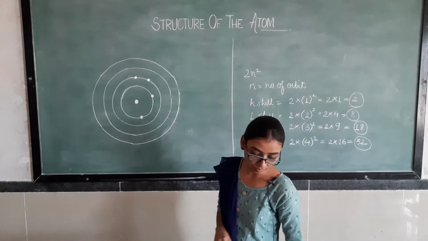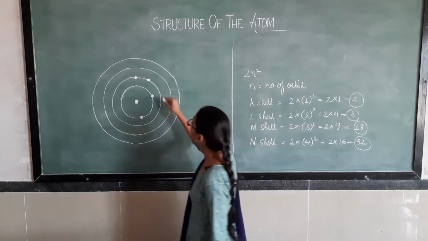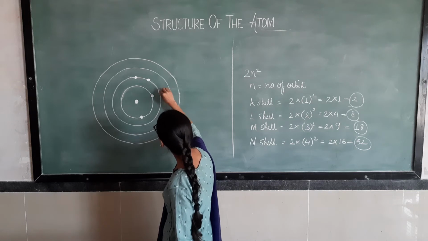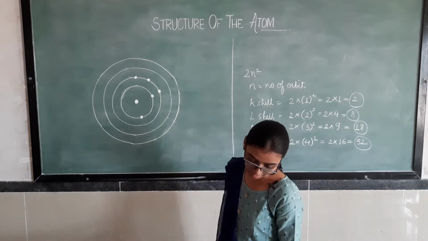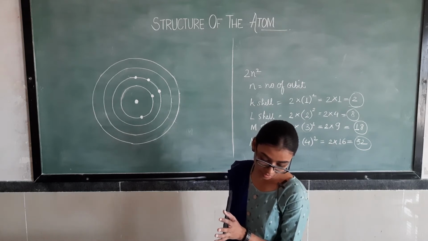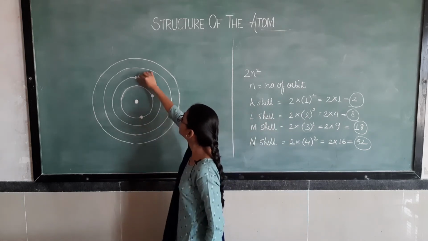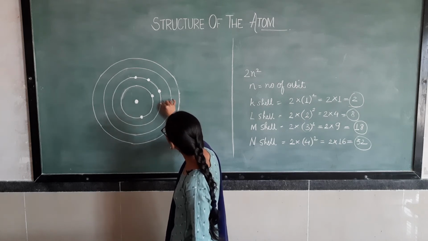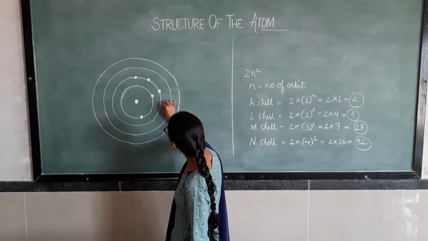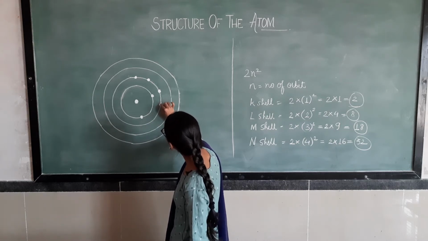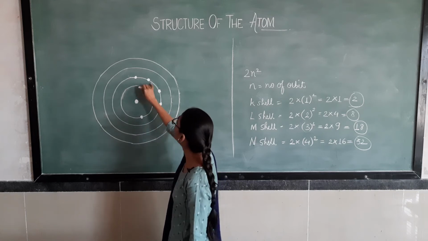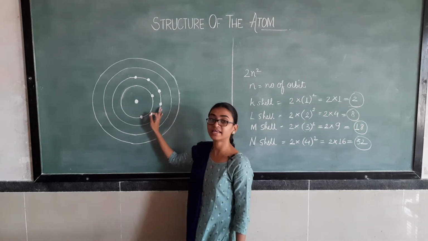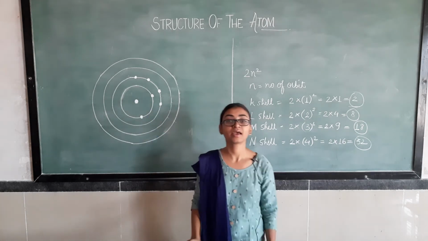Now boron. Boron has 5 electrons, so it will be accommodated here. Carbon has 6 electrons, so 2 are in K, and 4 in the L shell. So 2, 3, 4, 5, 6: as it has 6 electrons, 4 electrons are in the L shell and 2 are already present in the K shell.